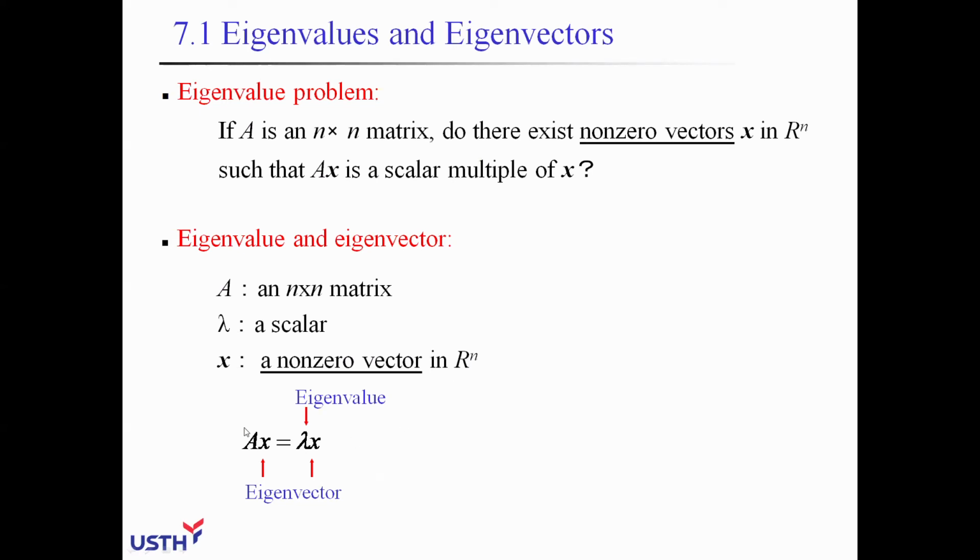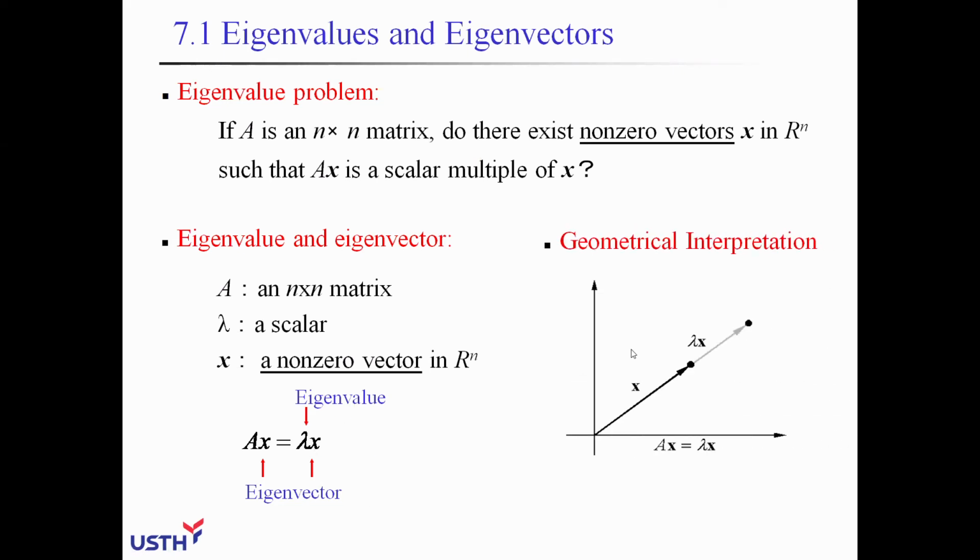If we have the equality Ax equals lambda x, where lambda x means a multiple of x, then the number lambda is called an eigenvalue of the matrix A, and the non-zero vector x is called an eigenvector corresponding to the eigenvalue lambda.